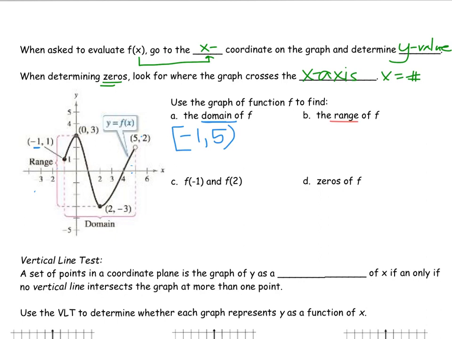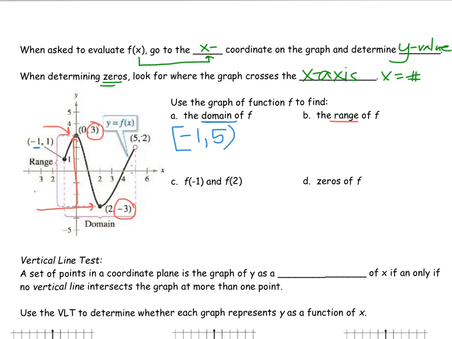The range is going to start at the bottom and go to the top. So notice the smallest output value on the graph is down here when y equals -3, and it has a closed dot. You have to actually physically see an open dot, otherwise it'll always be a bracket. As we move up on the y-axis, the highest point is here at +3.